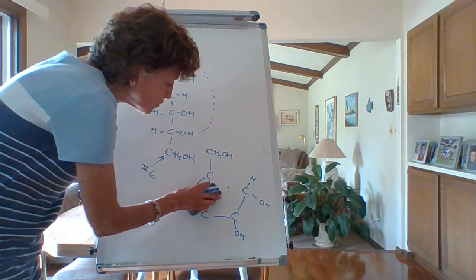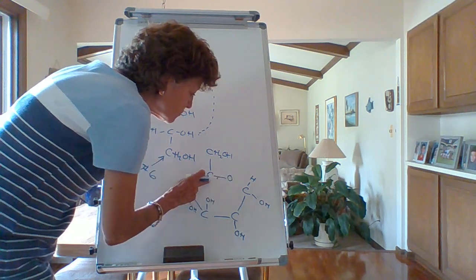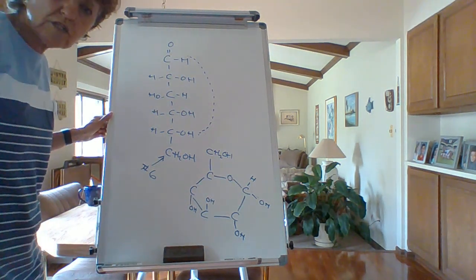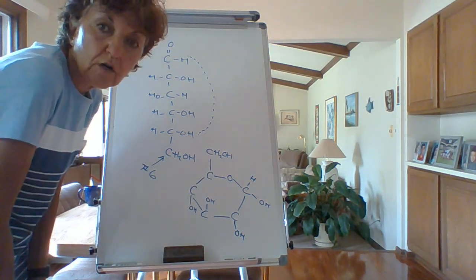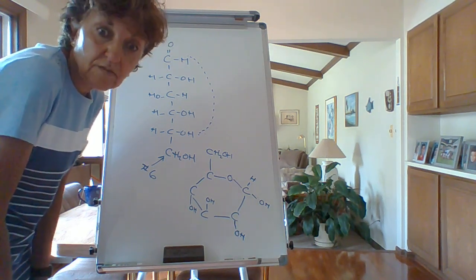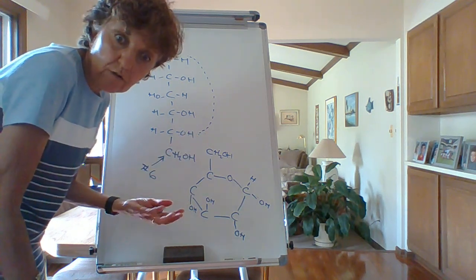So I'm going to just scoot this oxygen over. So this is the oxygen that used to be the OH of carbon 5, and there you go. You've just created a Haworth projection for glucose, okay? And then in the next video, we will talk about alpha glucose and beta glucose.